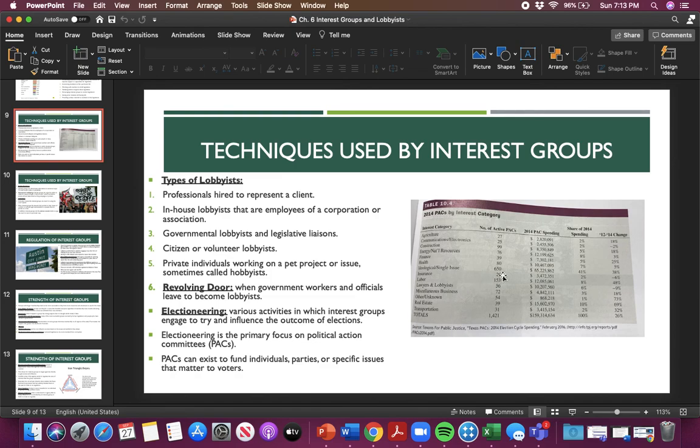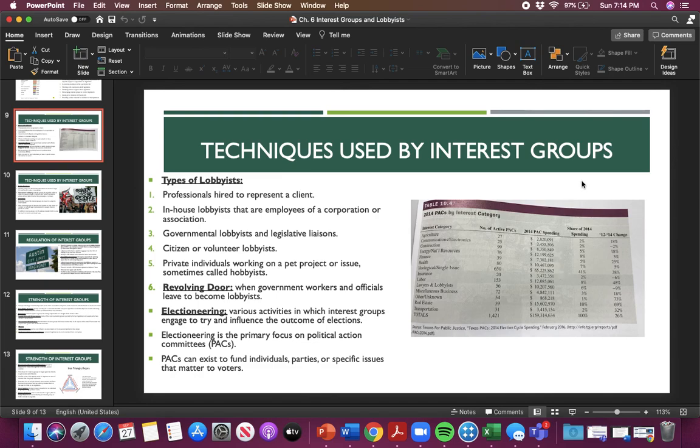And if you look over here, this is from the book, but sorry, it's a little tiny. This shows how much political action committees spent in the 2014 midterm election, and it tells you what field they're from over here. So far and away, ideological or single issue groups spend the most money, 65 million in Texas elections in 2014.